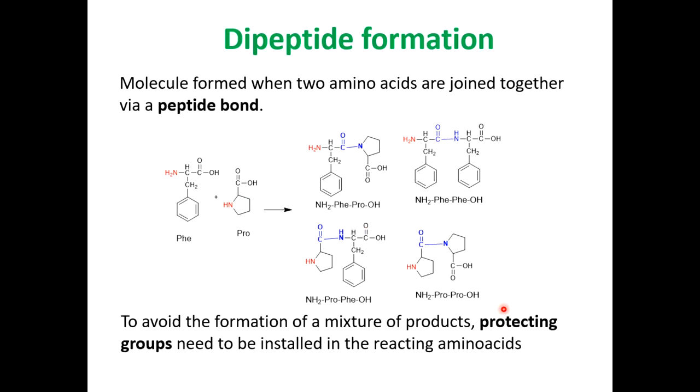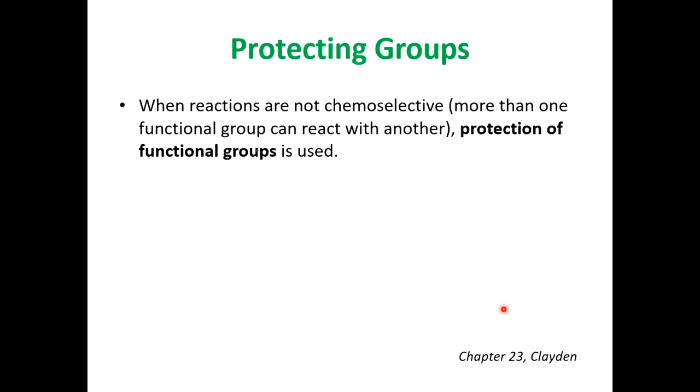To avoid the formation of a mixture of products like this, we use protecting groups, and these protecting groups need to be installed on the reacting amino acid starting materials. So protecting groups: when reactions are not chemoselective, more than one functional group can react with another, so protection of functional groups is used.